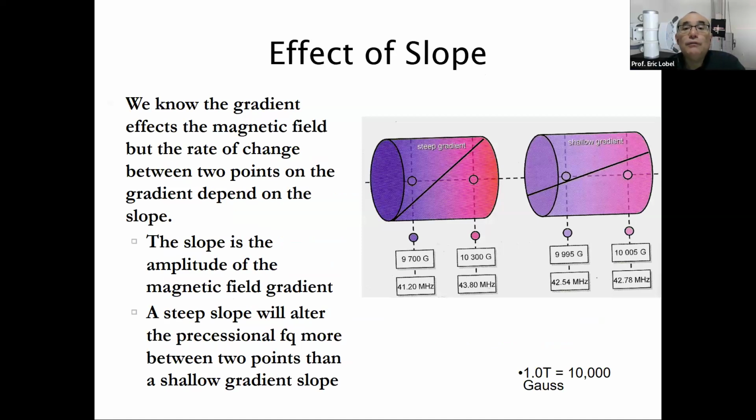For us, we're really going to think about it in terms of just steep, like walking up a steep hill, or shallow gradient is a gradual hill, a gradual slope.